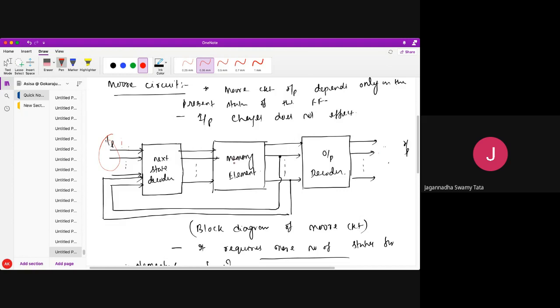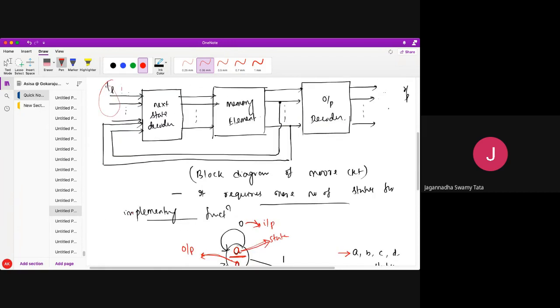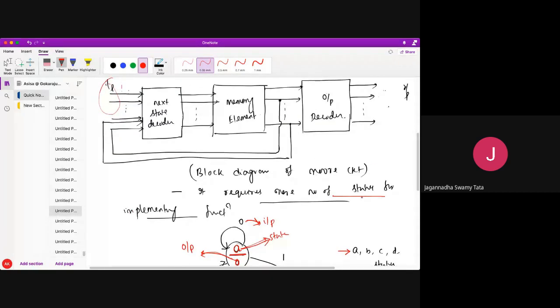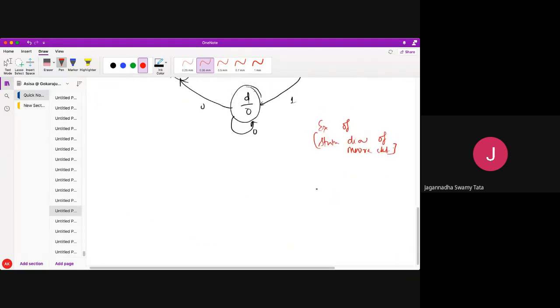So an input change will change the output in a Mealy circuit, but not in the Moore circuit. And the number of states required for the Moore circuit is more compared to the Mealy circuit. Now we'll see the Mealy circuit.